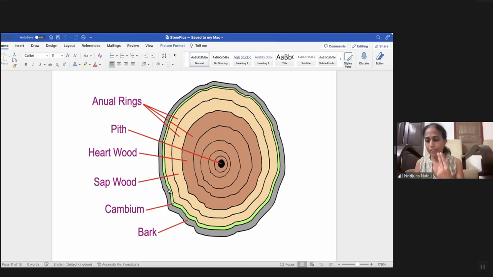There are two types of pipes, the food pipe and the water pipe. The food pipes are just inside the bark. They are lined up just after the bark. The water pipes are after the food pipes, a little away from the bark.